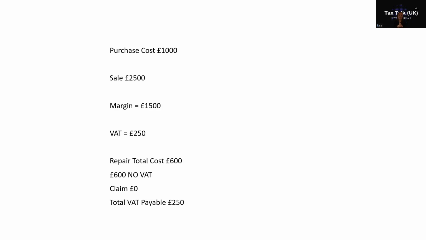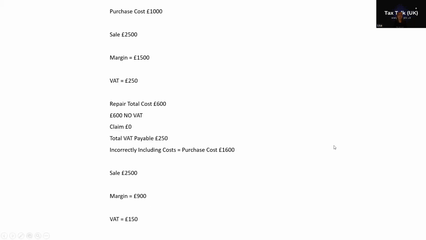But in this scenario, we're still going to spend £600 on the repair, but there's no VAT on that repair. So when we correctly treat that additional cost separately, there's no VAT for us to reclaim. So still across all of the boxes that these transactions cover, our liability is going to be £250.